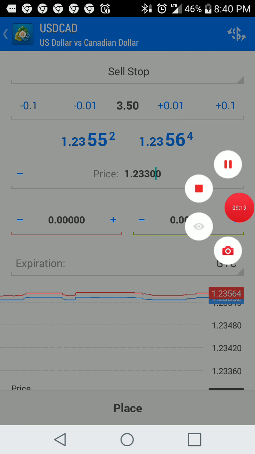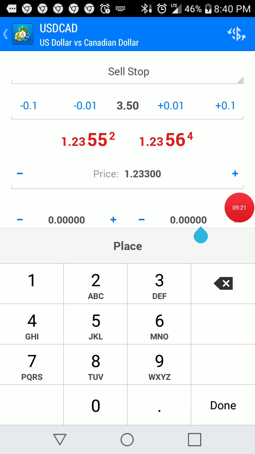and 23.20 is where we clock out at a profit, 1.2320, and 23.30 is where we ended. So 23.50 is where we place our stop.